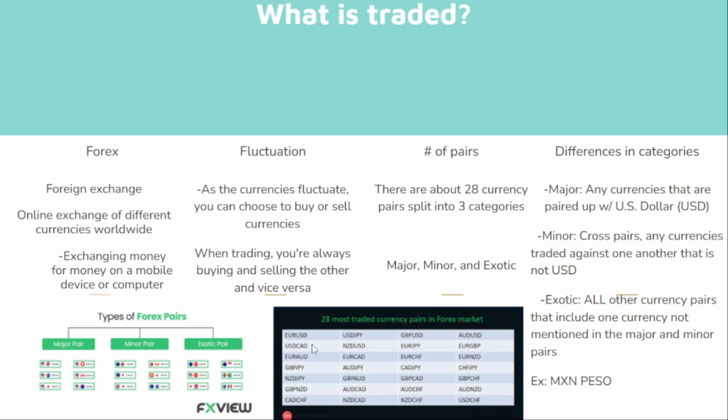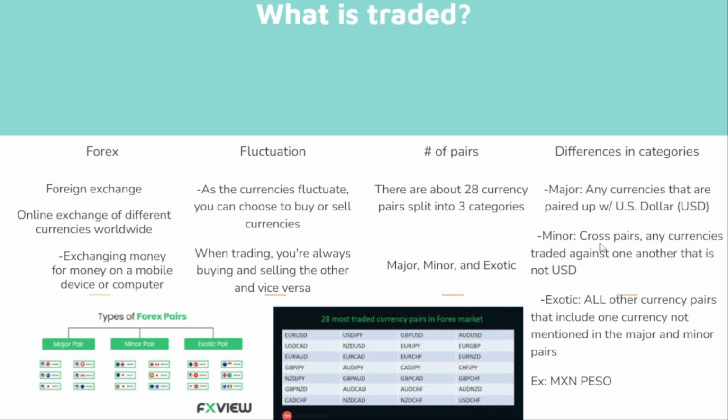So what do I mean by cross pairs? Like I said, there's only a handful of US dollar pairs. So a cross pair would be something like this: EUR/JPY, EUR/GBP, EUR/AUD, EUR/CAD, EUR/CHF, EUR/NZD, GBP/JPY, AUD/JPY, CAD/JPY, GBP/AUD, GBP/CAD.